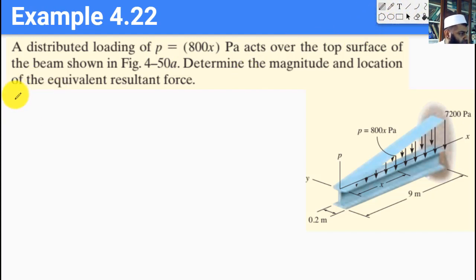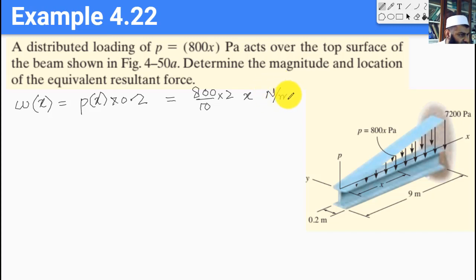So we know first of all that W of x is nothing but P of x times the width, and the width of the beam in this case is 0.2. So we get 800 divided by 10 times 2x, and this has units of Newton per meter.